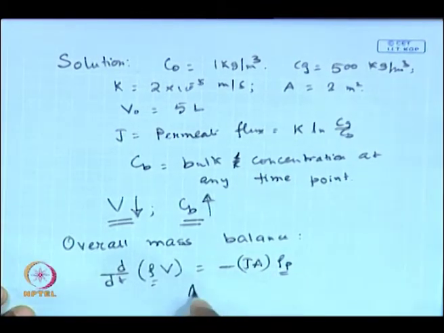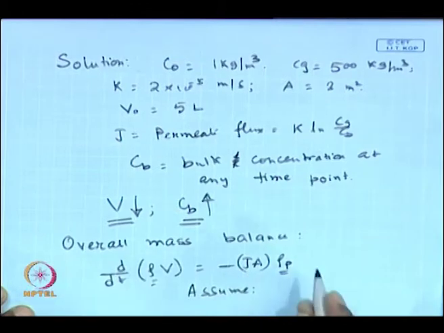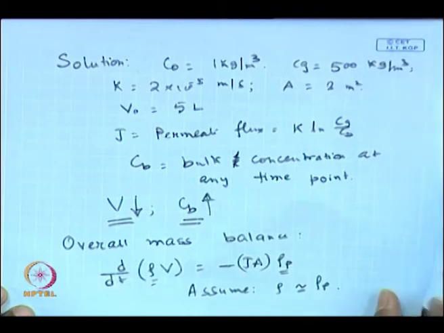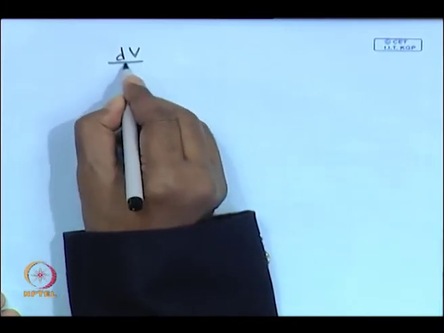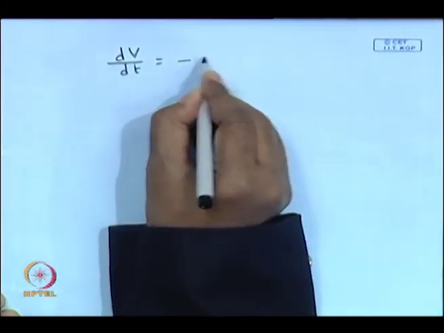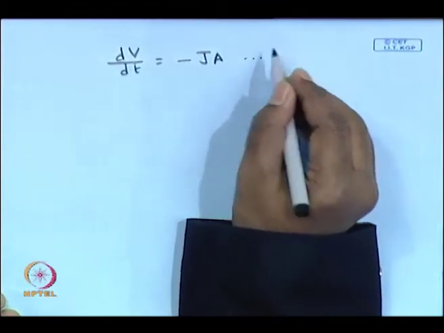Okay, that is an assumption, and it is a valid assumption because density is a very weak function of concentration. If that is the case, we get the governing equation of volume change in the feed as dV/dt equal to minus J A.